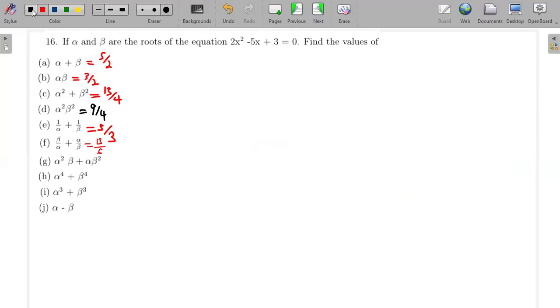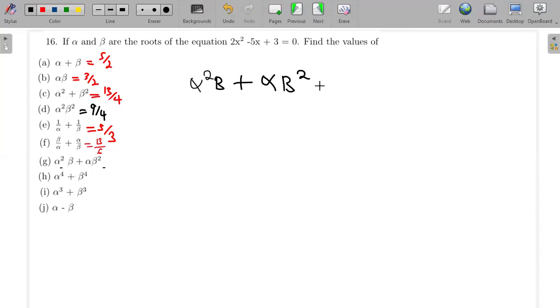The other thing is that we have this guy here. So that is alpha squared beta plus alpha beta squared. Okay, so how can we express this in form of the sum of the roots, which is alpha plus beta, and the product of the roots, which is alpha beta?